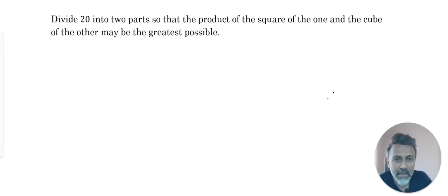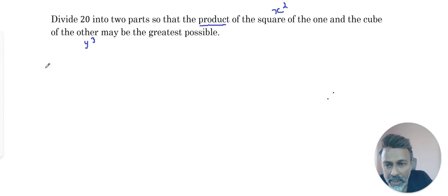Let's see one more. There are many questions. We are trying to pick up the next algebra-based question. Divide 20 into two parts so that the product of the square of one and the cube of the other is maximum. So if one of the numbers is x, then its square will be x square, and if you take the other one as y, then its cube is y cube, and you wish to get its product.